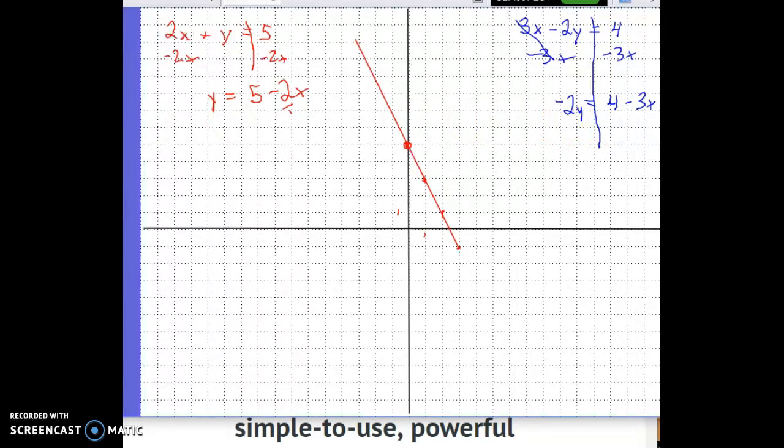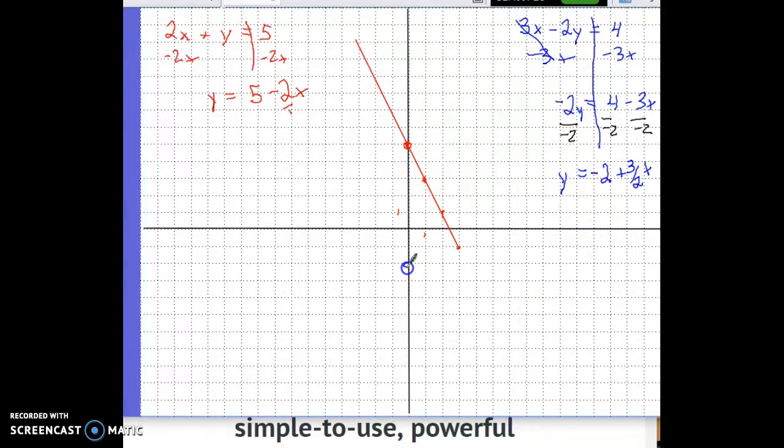Remember, when you divide in an equation, you have to divide each term by that. That's going to leave us a positive y equals 4 divided by -2 is -2. -3 divided by -2 is a positive 3/2 x.